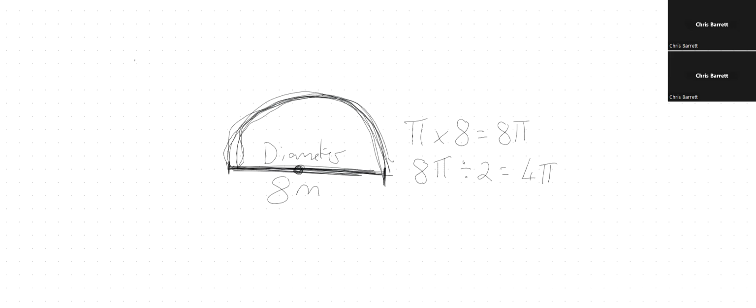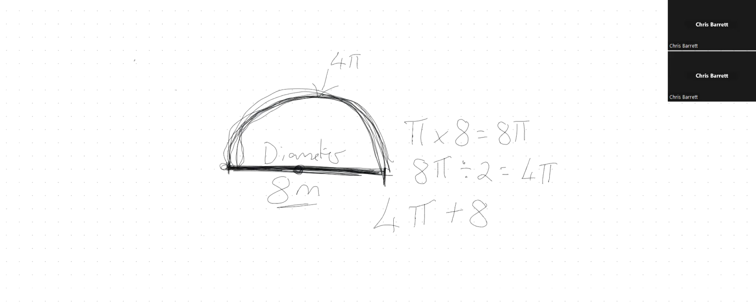So now I've found that the curved part of my semicircle is equal to 4 pi, but I also want the straight edge, because that's part of the perimeter of this shape. So I can take my 4 lots of pi and add my 8 meters on. So I'm going all the way around the circular part, but then also all the way across to get back to the start position.